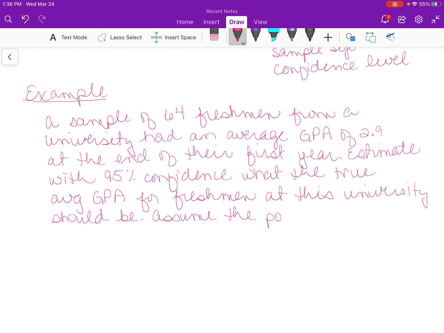Assume the population standard deviation is known to be 1.4.